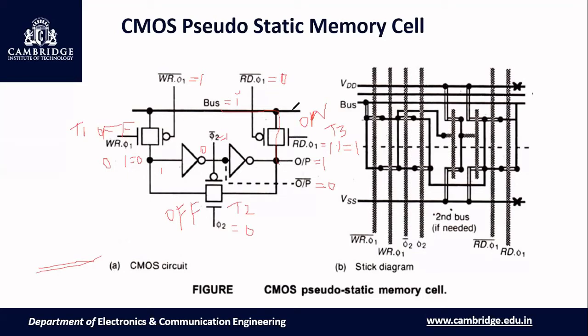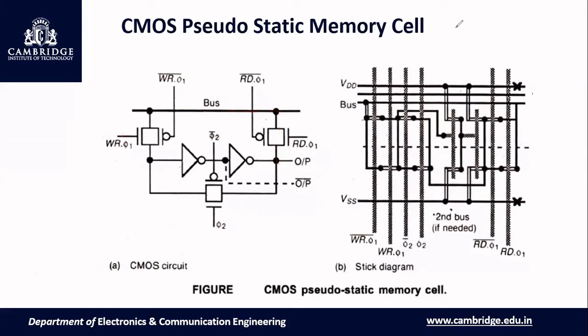Right. The operation of the NMOS pseudostatic memory cell and the CMOS one is the same. The only difference is that here we are using transmission gates, and there we are using pass transistors. That's it. Here we are using a CMOS inverter, there we are using an NMOS inverter. If you use a CMOS inverter, there won't be any static power dissipation. If you use an NMOS inverter, there will be static power dissipation.